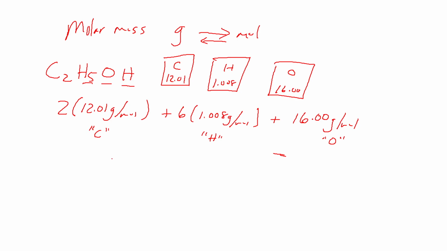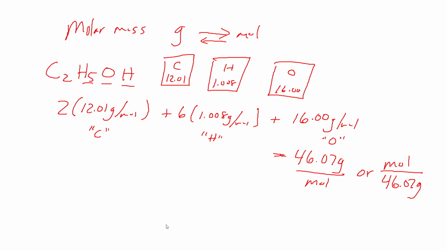So 2 times 12.01 plus 6 times 1.008 plus 16 is going to give us a molar mass for this guy, 46.07. Again, the number goes with the grams part, always per 1 mole in this case. And again, we could use it as the molar mass just like that, or if we're doing dimensional analysis, we could flip it around and use it in the other direction as well.